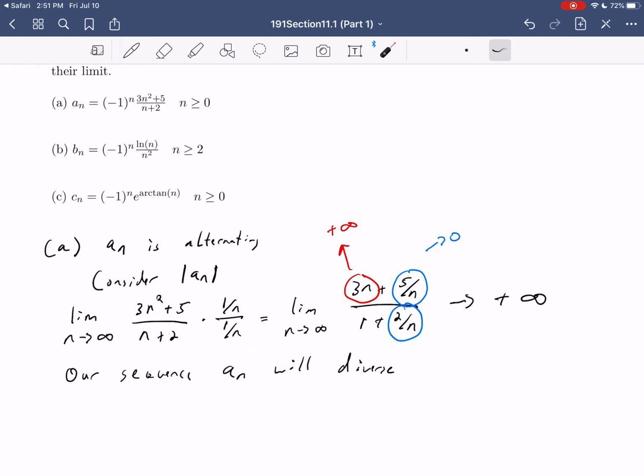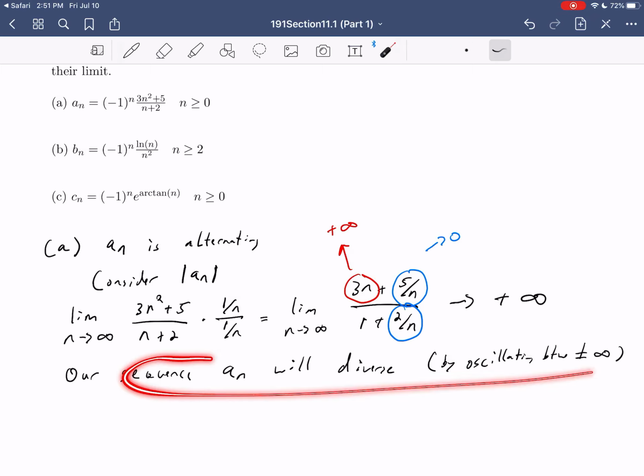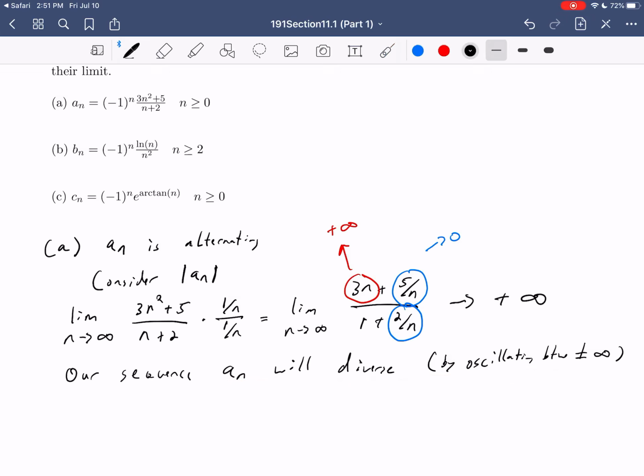It's going to be alternating between things really close to positive infinity, and then on the next term, really close to negative infinity. So it'll diverge by oscillating between plus or minus infinity. In other words, it's going to not have a limit at all. The limit does not exist, because one time you'll be really close to positive infinity, then really close to negative infinity, then really close to positive infinity, then back to really close to negative infinity. So this one is an alternating sequence that diverges.